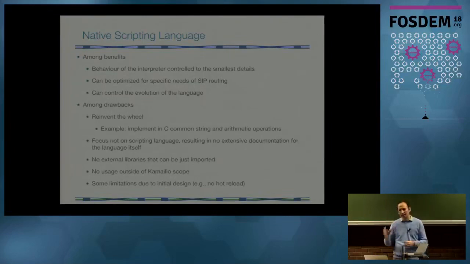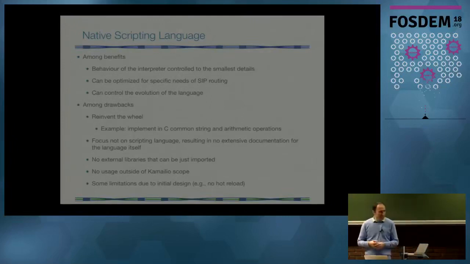If that return code is returned, it's up to you to interpret it as you like. And then, of course, you can optimize it for your specific needs because we know we have to deal mainly with routing SIP packets, and you can also control the evolution of the language, how it's going to be developed over time, the structure, and so on and so forth.